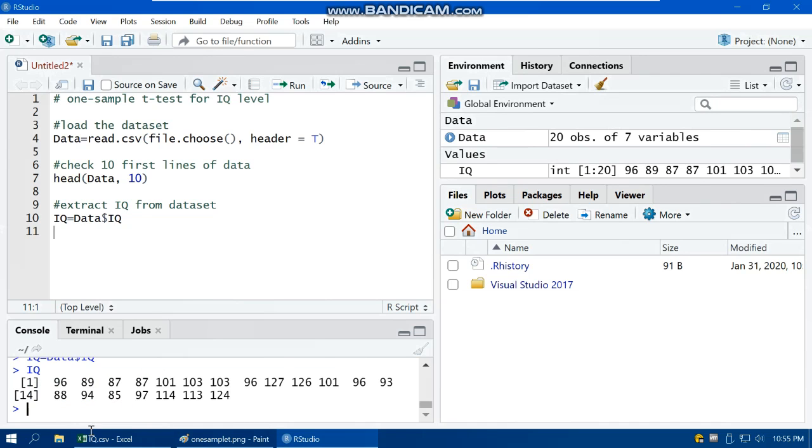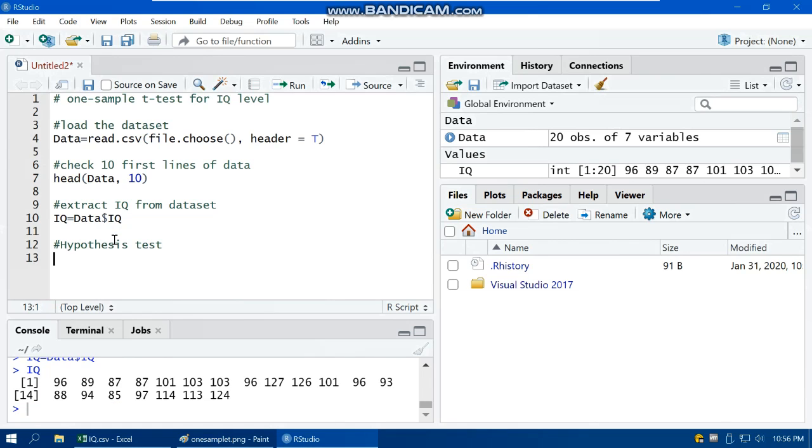Okay, so our null hypothesis is that there is no difference between your sample IQ mean and population IQ mean from a statistical viewpoint. So I create a command for the hypothesis test.